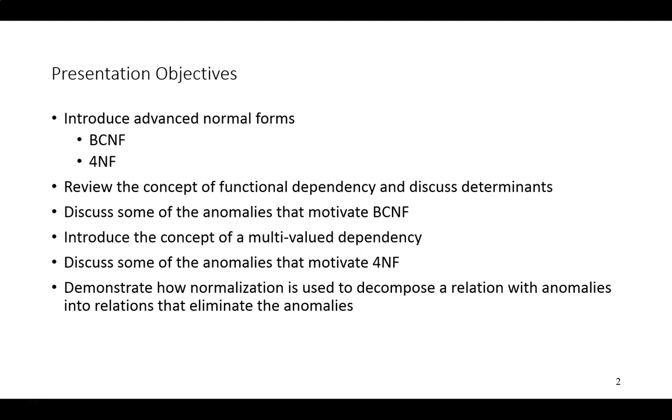We'll introduce the concept of multivalued dependency, and this will lead us into a definition of fourth normal form. And as we do this, we'll discuss some of the anomalies that motivate the need for a higher normal form, such as fourth normal form. Along the way, we'll demonstrate how normalization is used to decompose a relation with anomalies into relations that eliminate the anomalies.